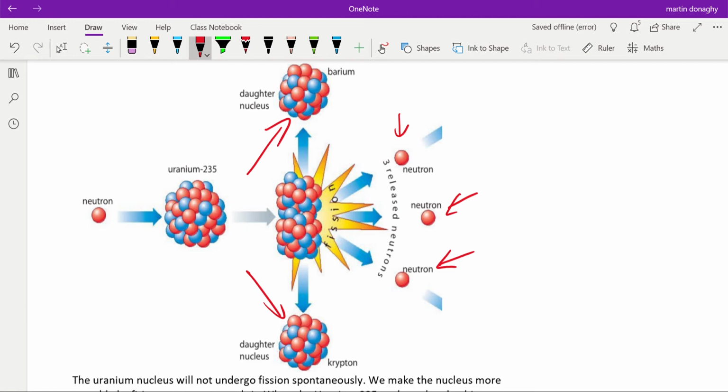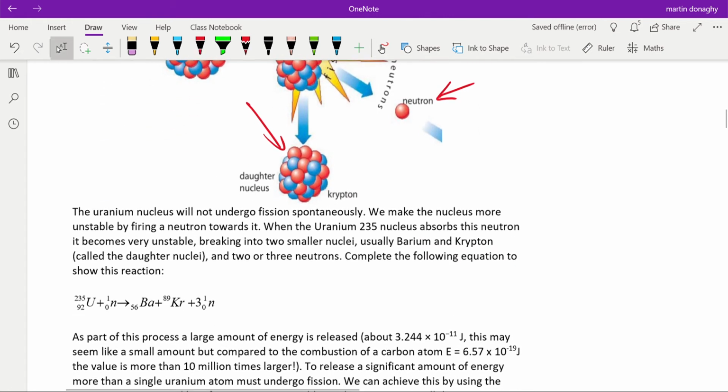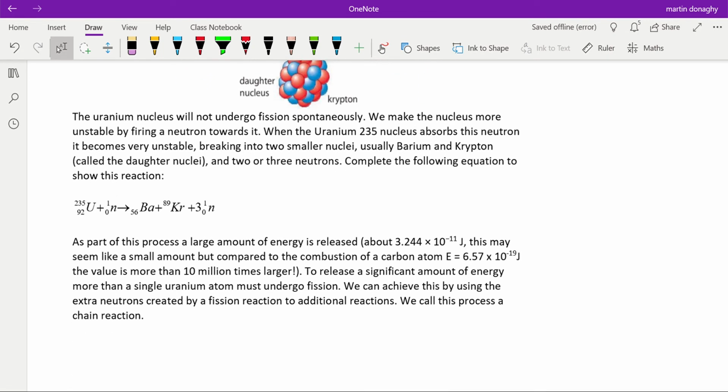Now, as part of that, it releases a huge amount of energy, and we mean huge in comparison to, say, burning carbon, combustion. So if you notice here, it says it is 10 million times larger. So if you burn a carbon atom and you split a uranium nucleus, you will get 10 million times as much energy from the nuclear reaction there.